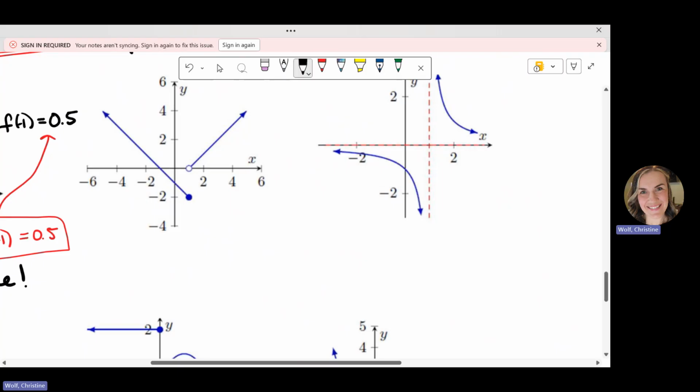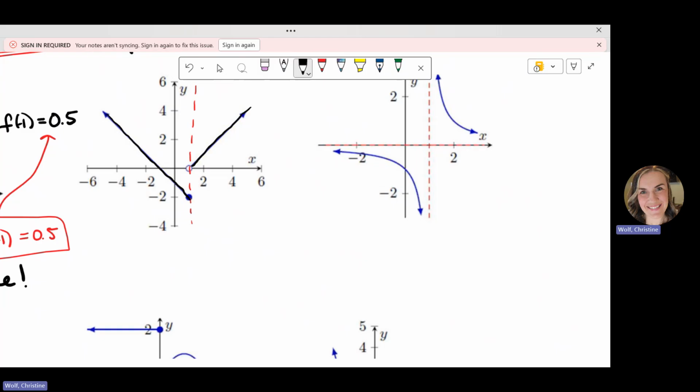I hope you're comfortable with removable, because now we're moving into jump. And like I said, you can kind of tell it's jump. We've got two stretches of this graph, and we've got that gap. This was the value we were checking on Friday, x is 1. So let's check the limit. When I check the limit from the left side, I see that it's approaching -2. And from the right-hand side, I see it's approaching a y value of 0.